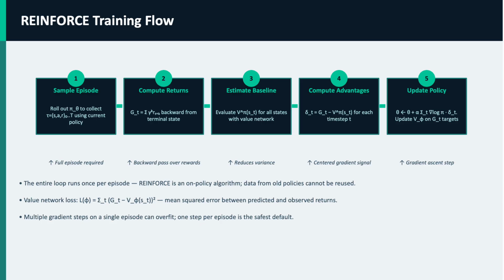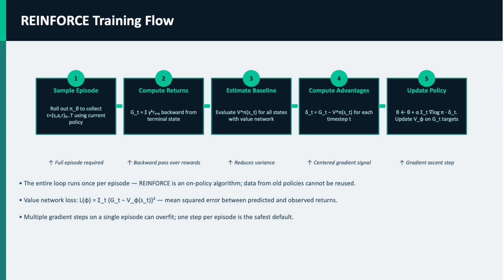Let's walk through the complete training loop step by step. Step 1, sample a full episode by rolling out the current policy pi theta. Starting from the initial state, at each step you sample an action from pi theta given s_t, take the action in the environment, observe the reward and the next state, and continue until the terminal state.